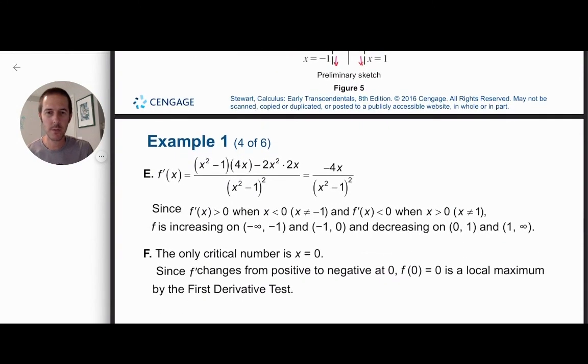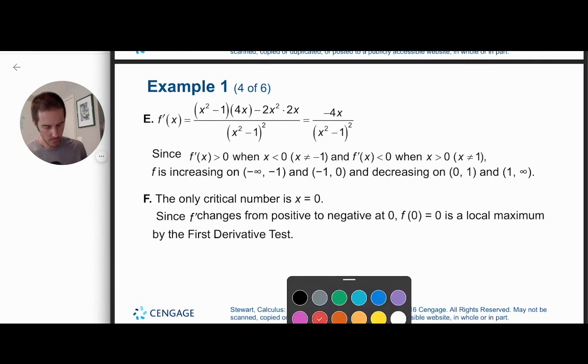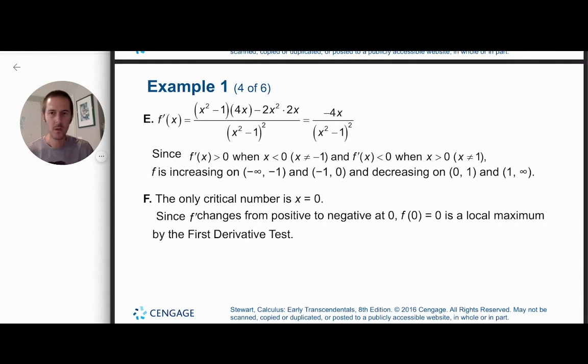Let's keep going through the different characteristics that we're examining. Here we're taking the first derivative, and it's been simplified for us. That's nice. Since the first derivative is greater than 0 when our x values are less than 0, how do we know that? We know that because this denominator, because it's being squared, is always going to be positive.